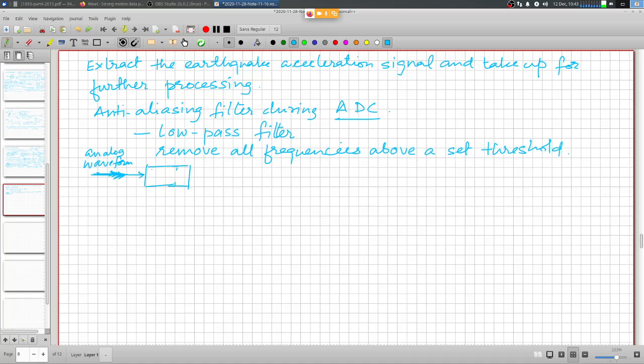That is passed through a low pass filter, and then that low pass filtered signal is passed through a discrete time sampler, and that is stored in the storage media.